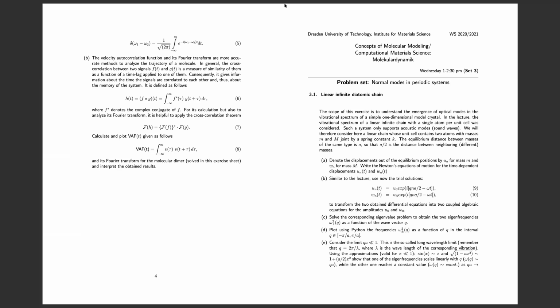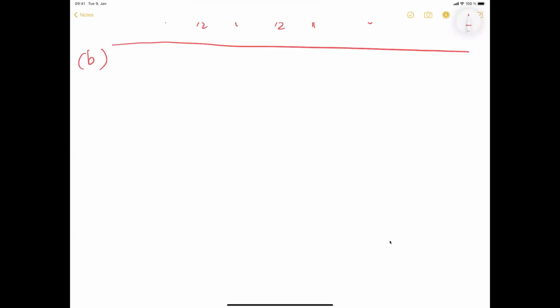Okay, so let's go back to the writing panel. Here, let's rewrite this velocity autocorrelation function.